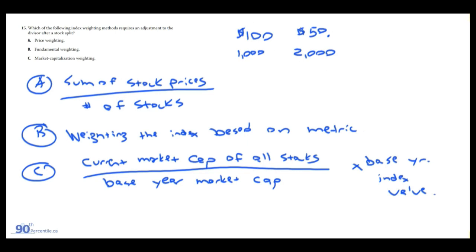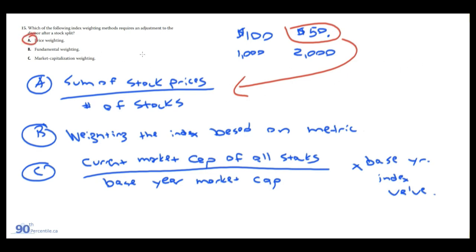So if the share price is changing to 50 from 100, then you're going to see right away that in a price weighted index, you're going to have to adjust for that, right? Because you're summing up all the stock prices, which was 100, now it's 50. So it's going to have to be adjusted for here.